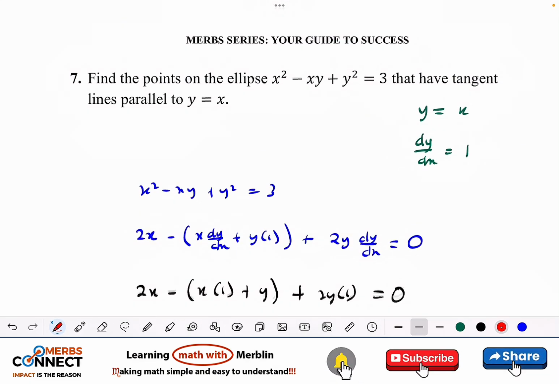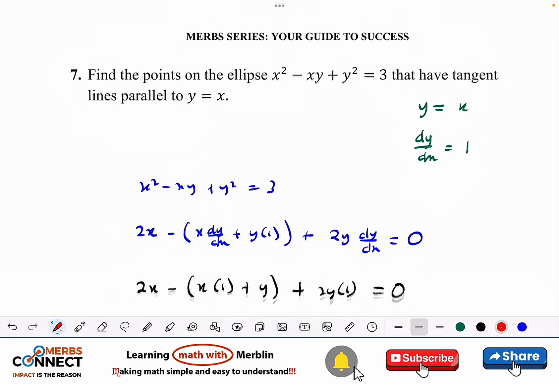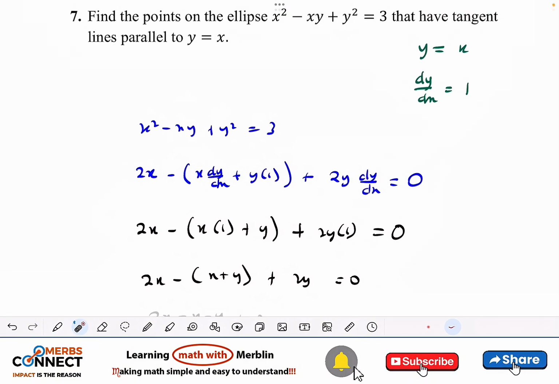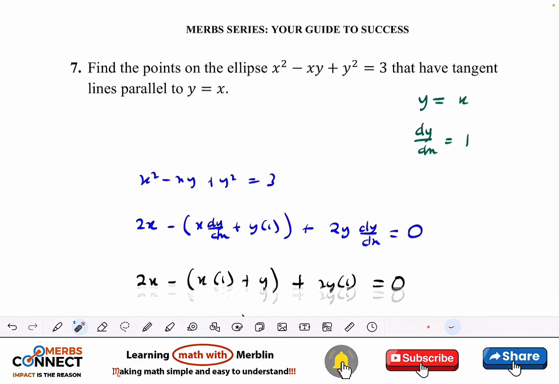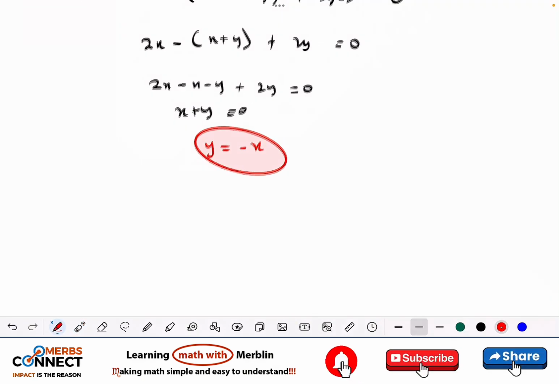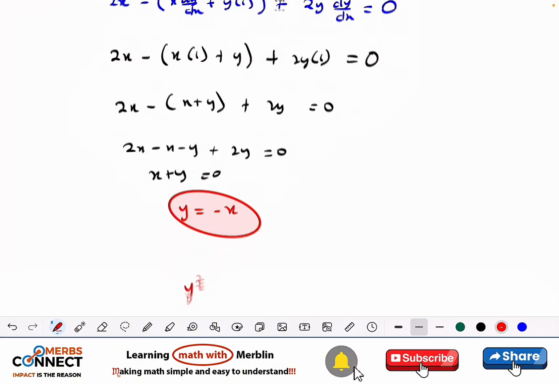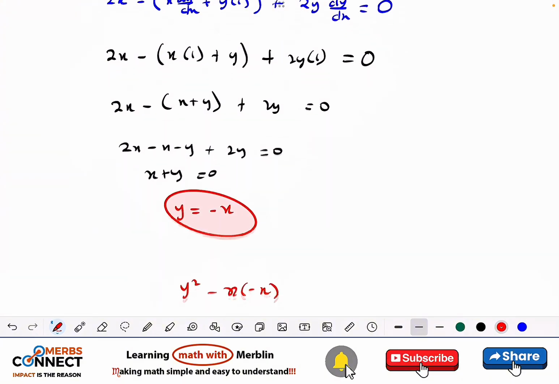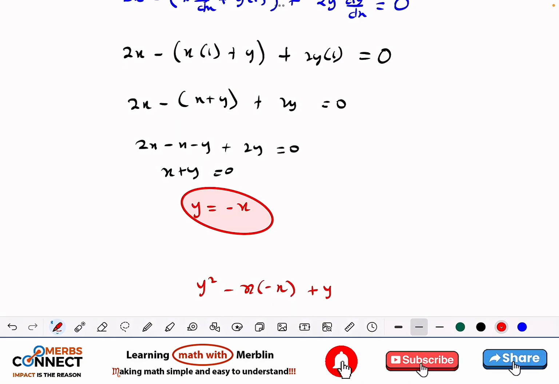Find a point on the ellipse. Since the question is saying to find a point, what we can do, since we've now gotten y to be equal to this, is plug it inside this and then figure out x. So y is equal to minus x from there. So this will be x squared minus x times minus x, plus y squared again, is equal to 3.